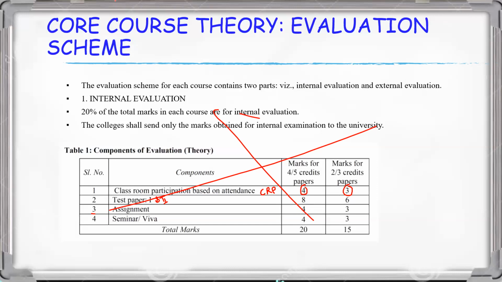And then the teacher can evaluate how the students perform in that class.